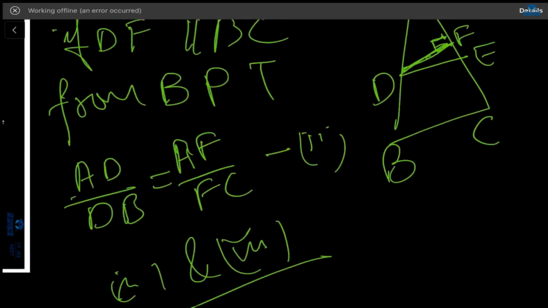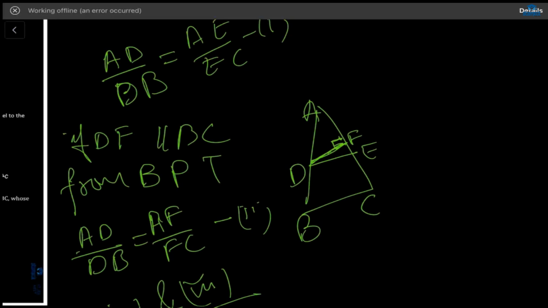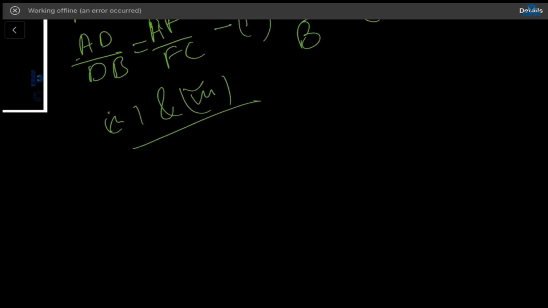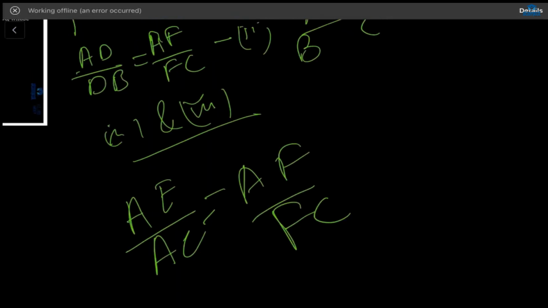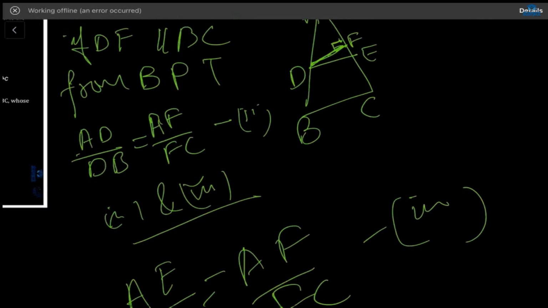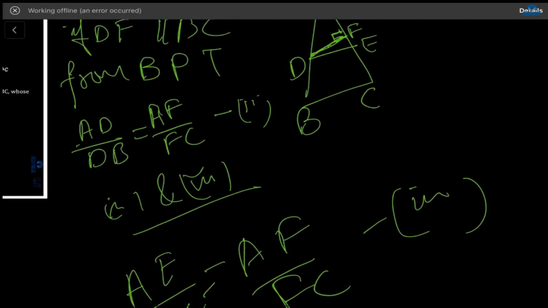From the first and second, AD by DB is the same, so AE by EC is equal to AF by FC.